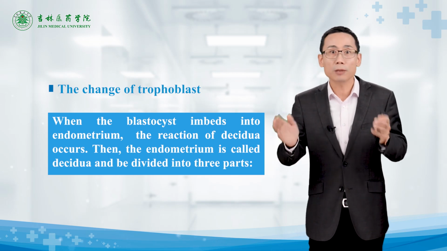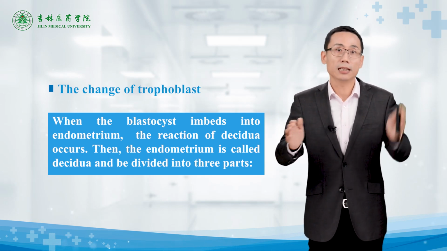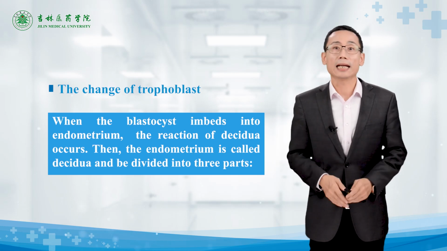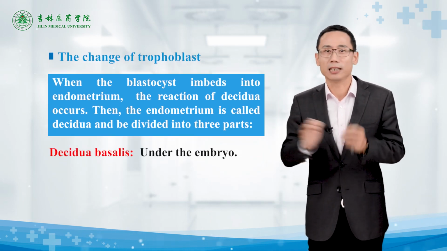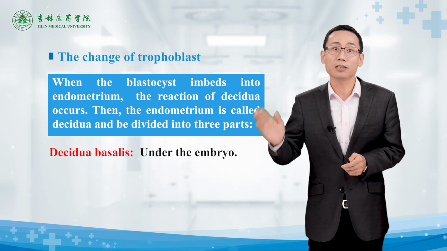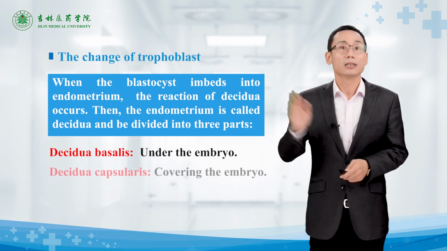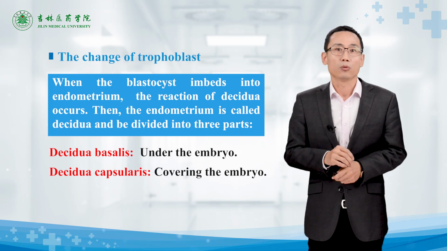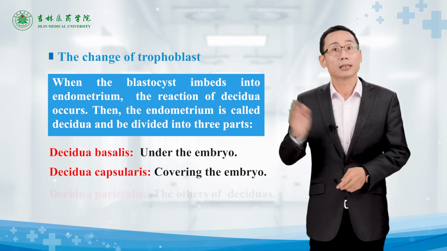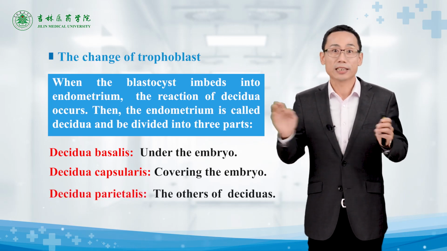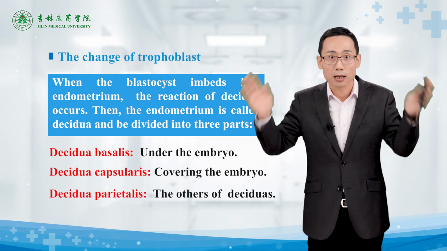According to the positional relationship between the decidua and the embryo, it can be divided into three parts. Decidua basalis, which lies in the deep surface of the embryo. Decidua capsularis, which covers the uterine cavity side of the embryo. Decidua parietalis, which is the rest of the decidua.